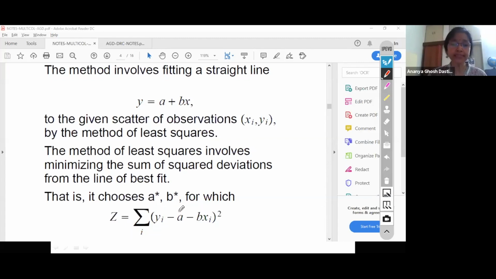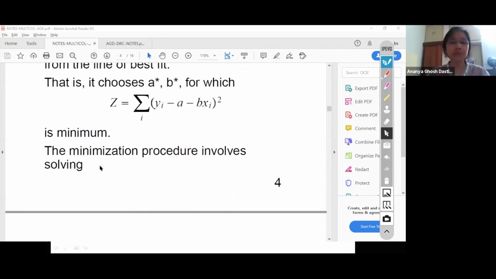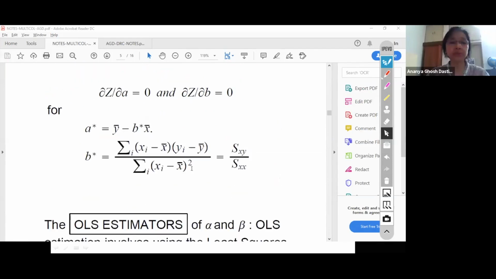So basically, this is yi minus (a plus bxi), and once you open the brackets, that becomes yi minus a minus bxi, and you square those distances. You square them, and then you minimize these squared distances.